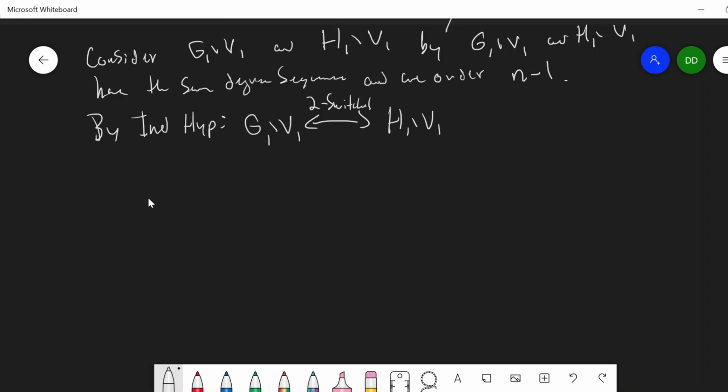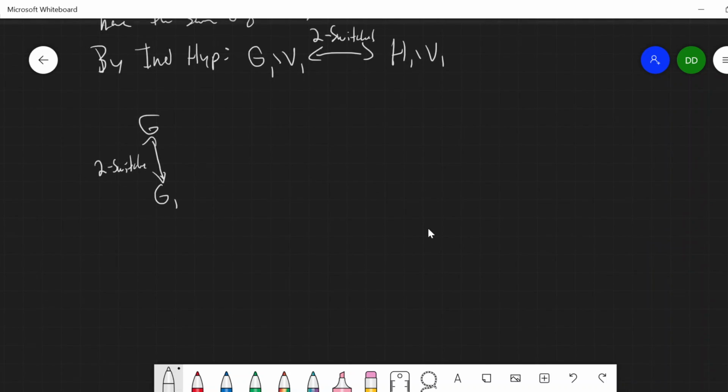So what's going on here? Remember we started with the graph G. We can use 2 switches to turn this into the graph G1 such that the neighborhood of V1 is how we want it. We did this with H also, and made H1.